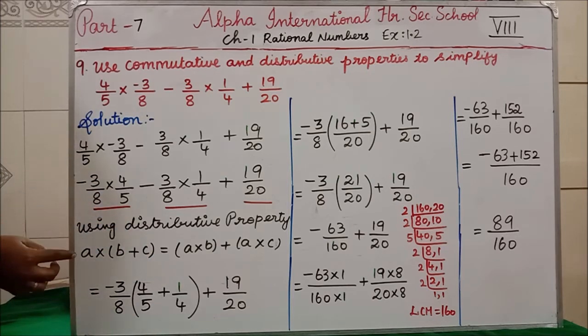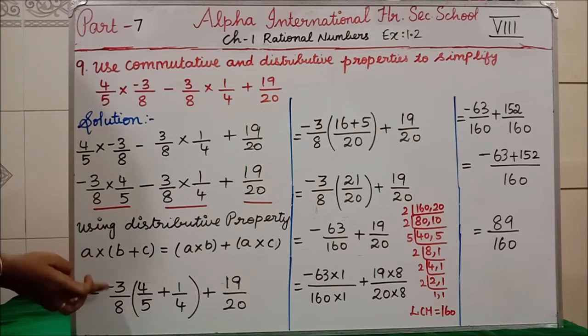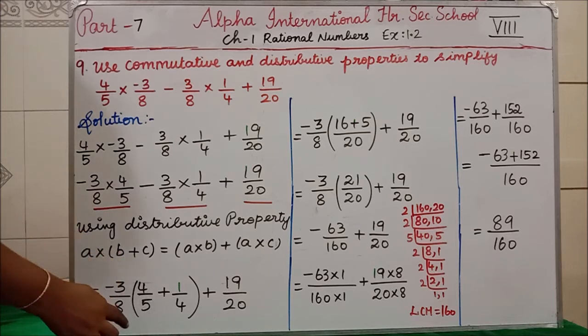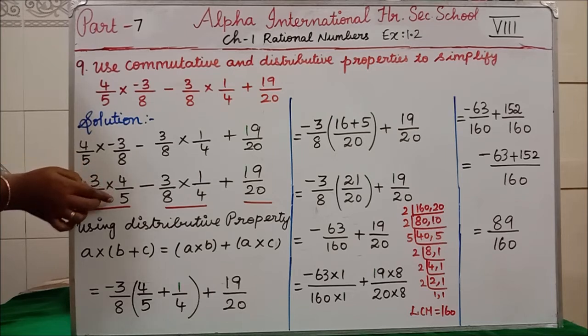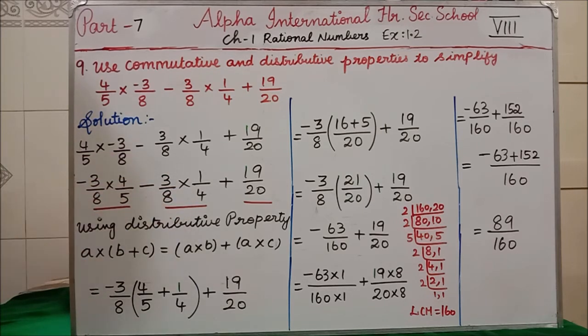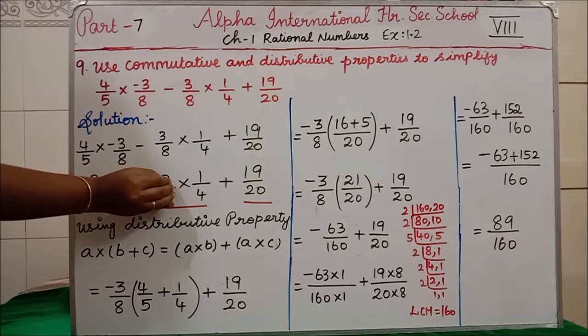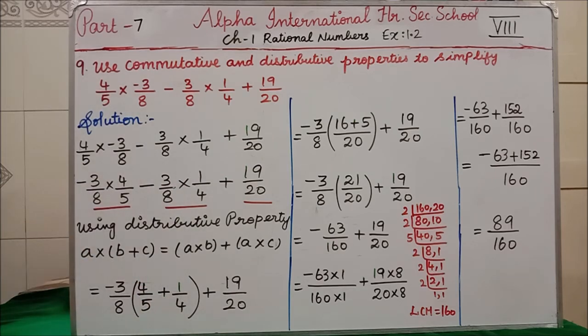Clear, students? Now this part alone I am going to write as the answer. A into (B plus C) is the left hand side part. Here minus 3/8, here also minus 3/8 is there. So I am going to take minus 3/8 common. That is our A, in front of the bracket. Since minus 3/8 goes outside, remaining is 4/5, so write 4/5 inside. Next, this minus 3/8 is outside, so remaining is 1/4. This minus is only for 3/8, and this 1/4 is positive, so I have written plus 1/4.